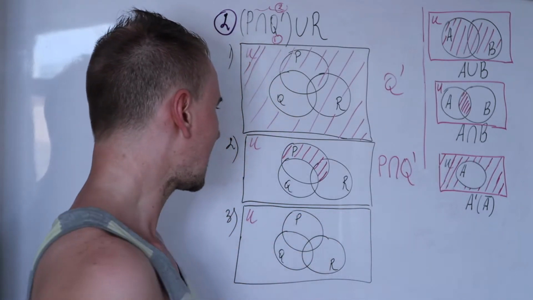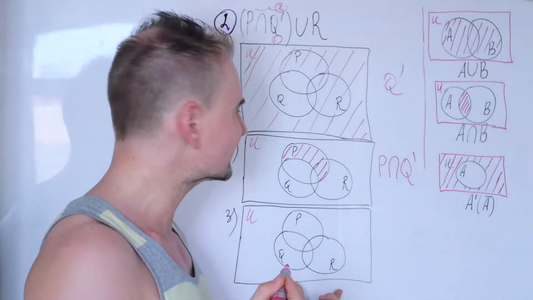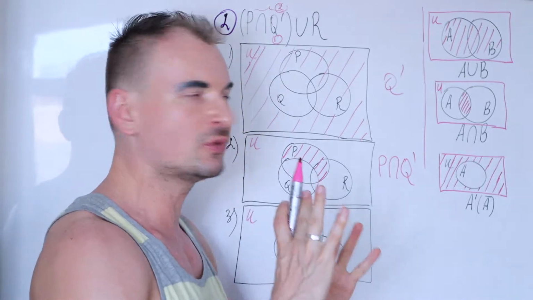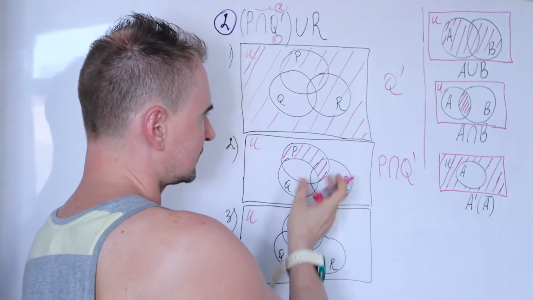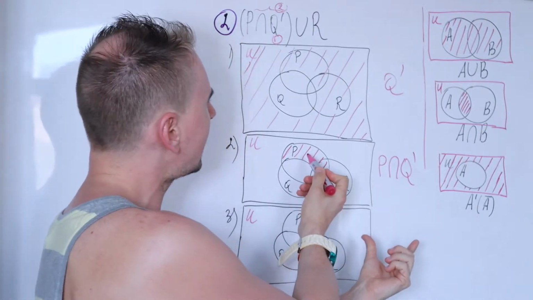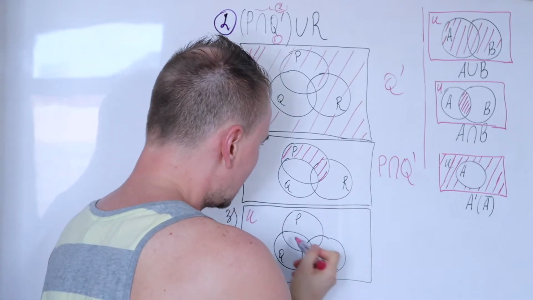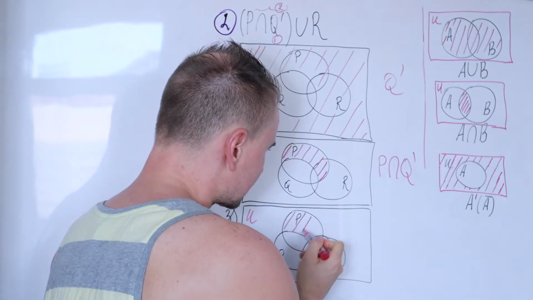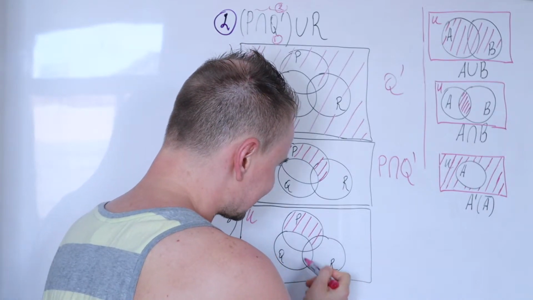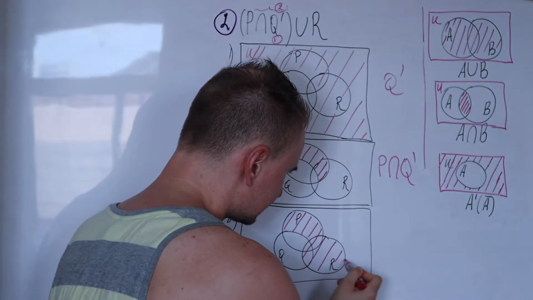intersection Q prime. And finally, let's perform the last step. We're going to find the union. So we're going to join what we found here, so this part, and we're going to join it with the set R. So basically it's going to be this part, and we're going to join with set R. So we're going to take also this part.